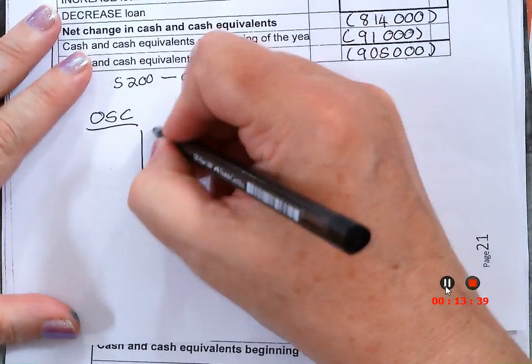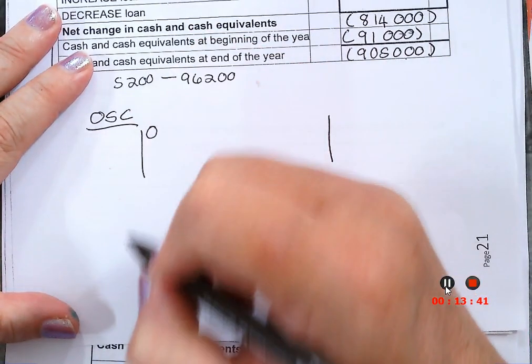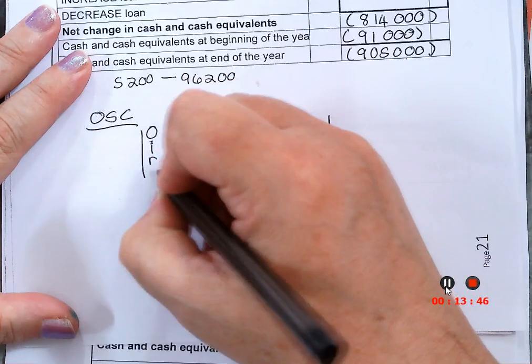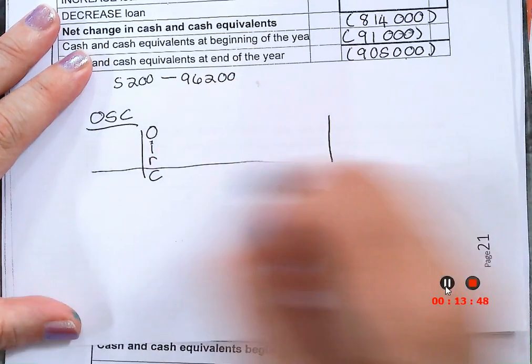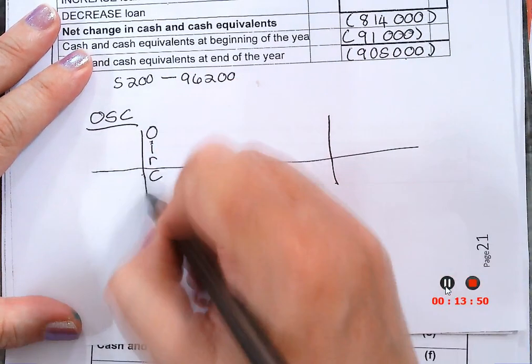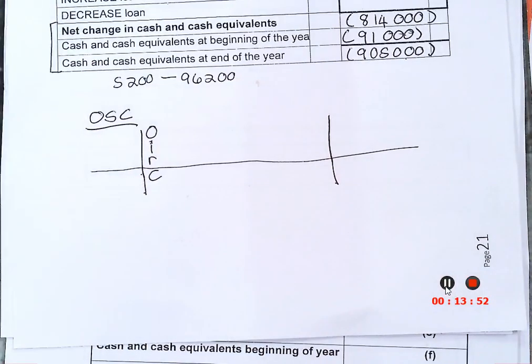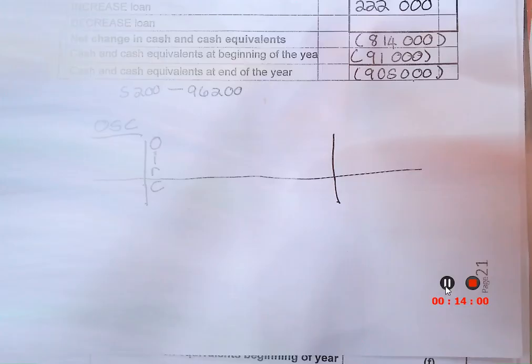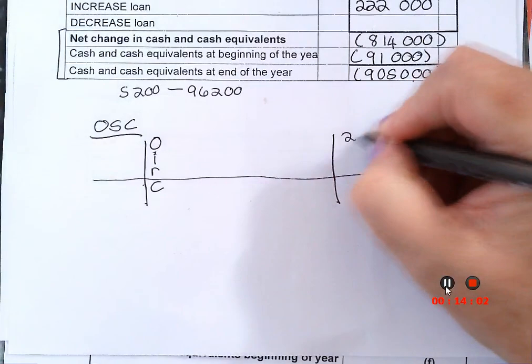So you just know you have an opening, an issue, a repurchase, and a closing, and you draw a line for the closing. That's all you need. And now let's see what information they gave me. So they gave me an ordinary share capital opening and closing balance, right? So the opening is 2040.